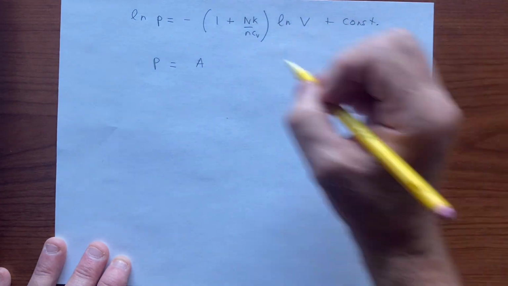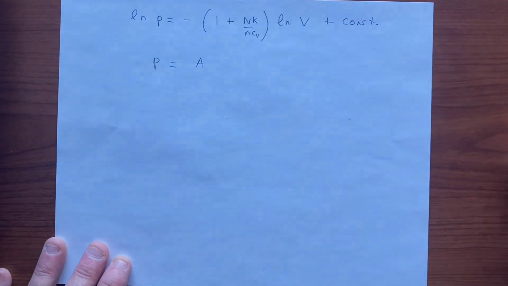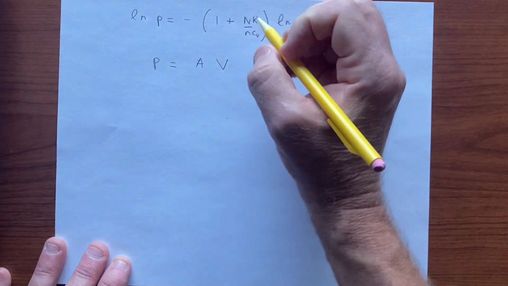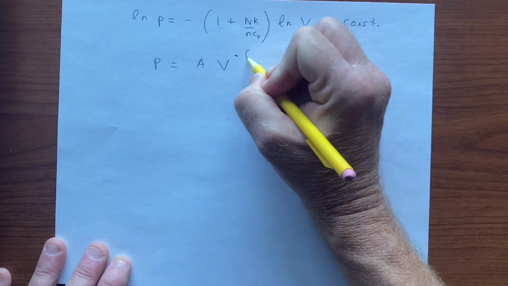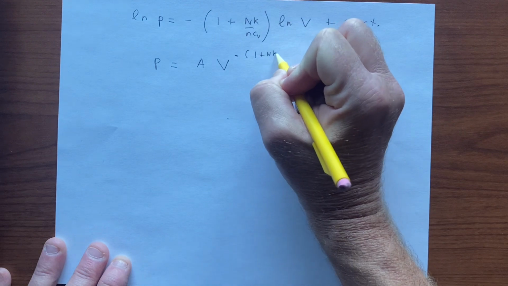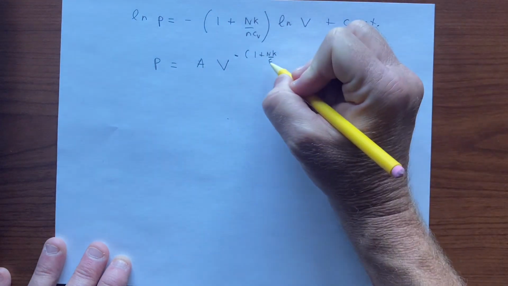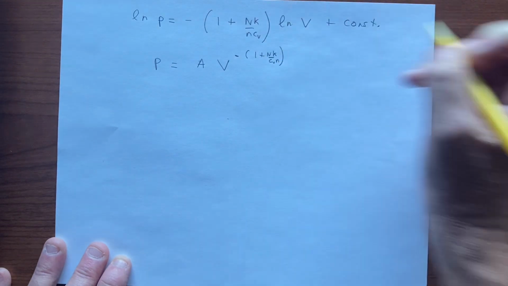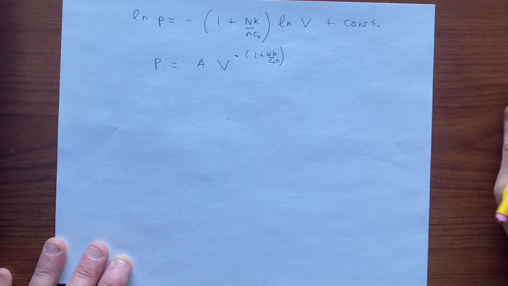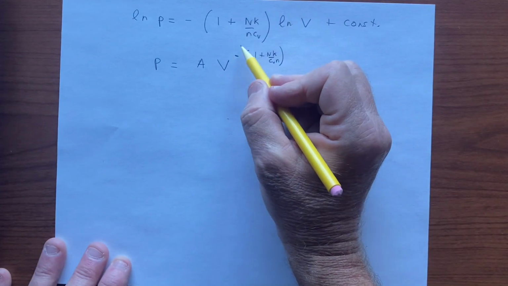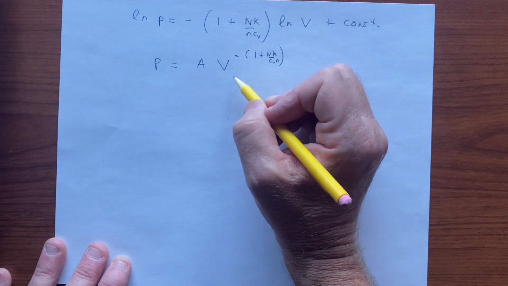e to the that is A, and then e to the this gives us V to the minus 1 plus Nk over NCv. But this is the same thing as 1 over V to the that, and so we can bring it to that side.